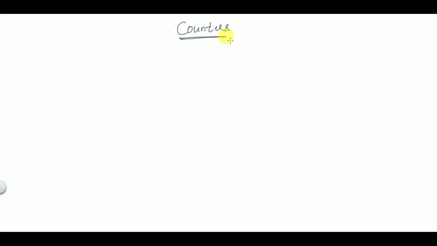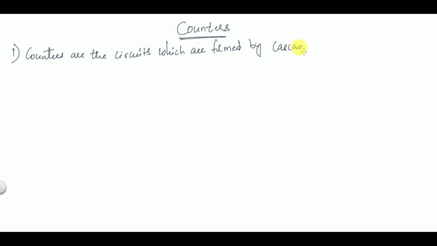Right, so what are the important points that you have to remember for counters? The first point which you have to remember is counters are the circuits which are formed by cascading flip-flops.